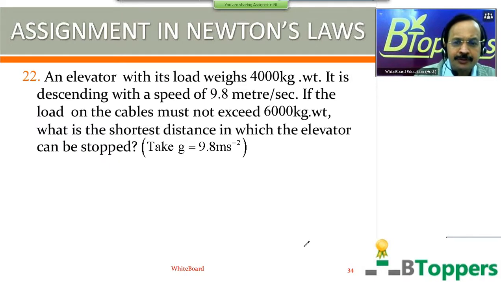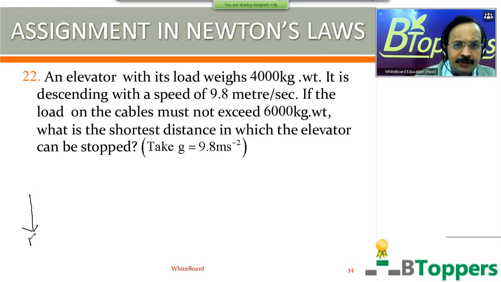See question number 22. An elevator with its load weighs 4000 kg weight. It is descending with a speed of 9.8 meters per second. The load on the cables must not exceed 6000 kg weight. What is the shortest distance in which the elevator can be stopped?